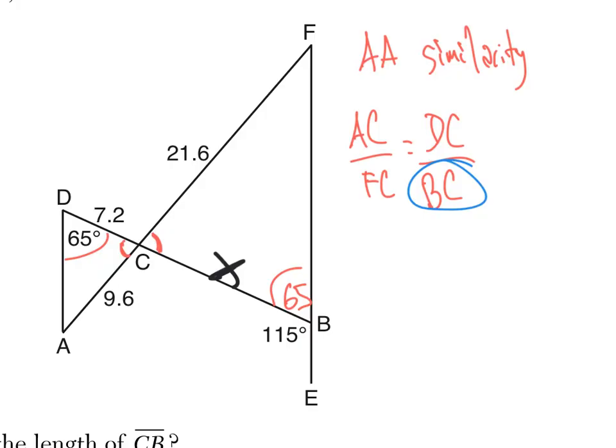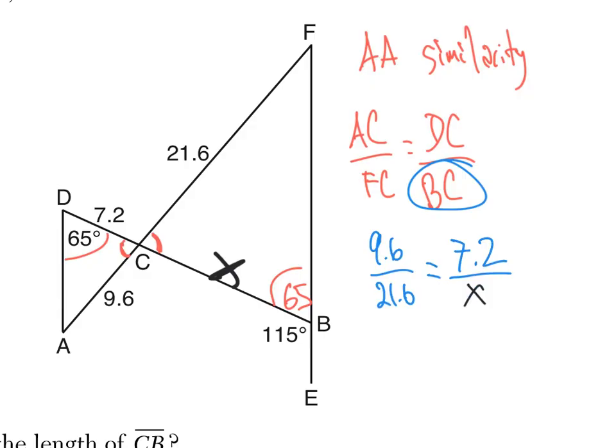So I know that if it's AC right here, 9.6, it's going to be 9.6 over 21.6. And so let's write that down. 9.6 over 21.6 equals 7.2, right, DC, over x, which is what we're solving for.